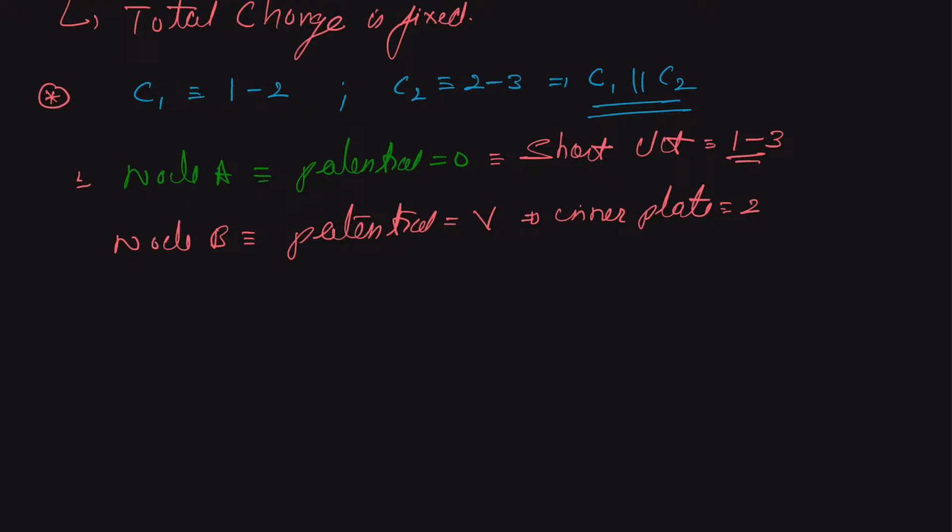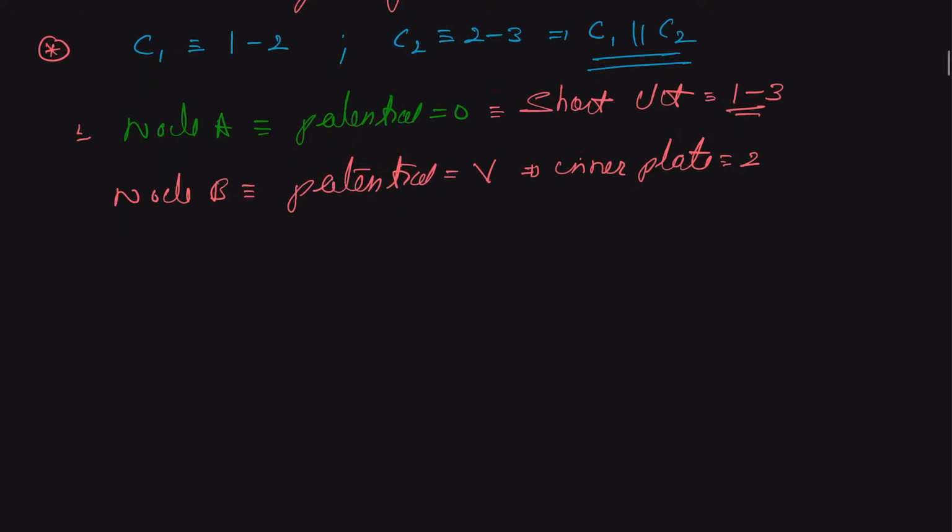Now we can use the basic parallel plate capacitor formula. Therefore we can say that our C1, which is our top capacitor, will be equal to epsilon naught A upon D1, the distance we have assumed, and C2, that is the bottom capacitor, will be equal to epsilon naught A upon D2. And we can easily find out the charges.